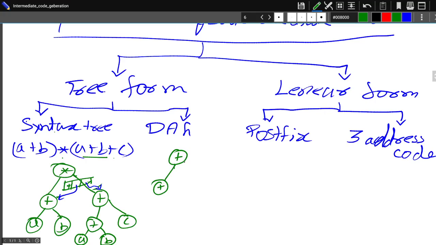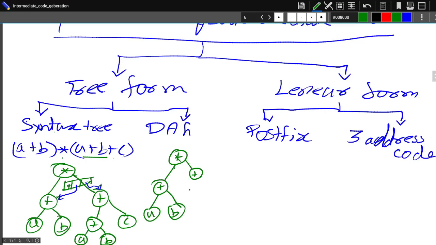So this is multiplication, and here is plus.